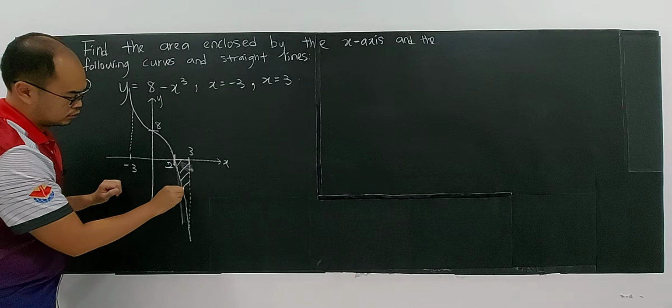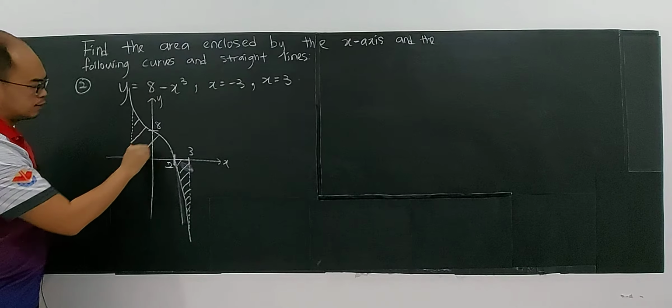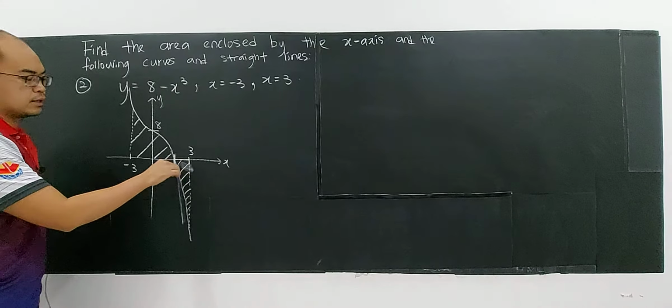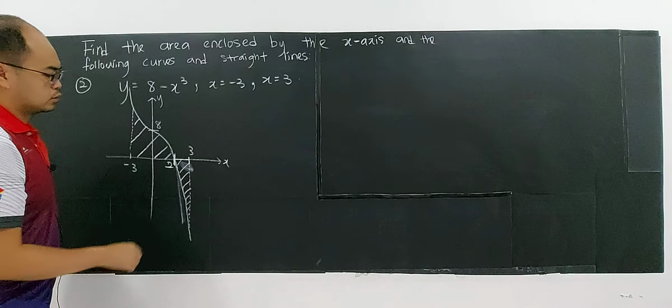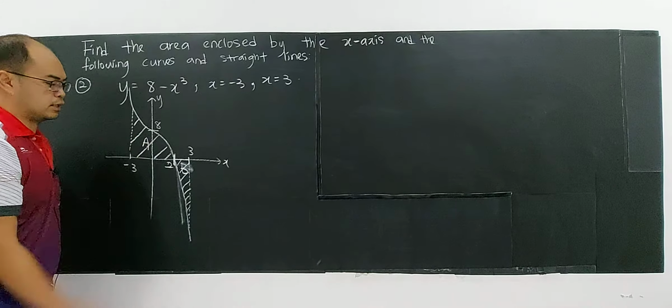This region is from 2 to 3, and this is from negative 3 up to 2. We have to consider these two separately, because this may give you a negative value here. So then you have B, and you have region A.